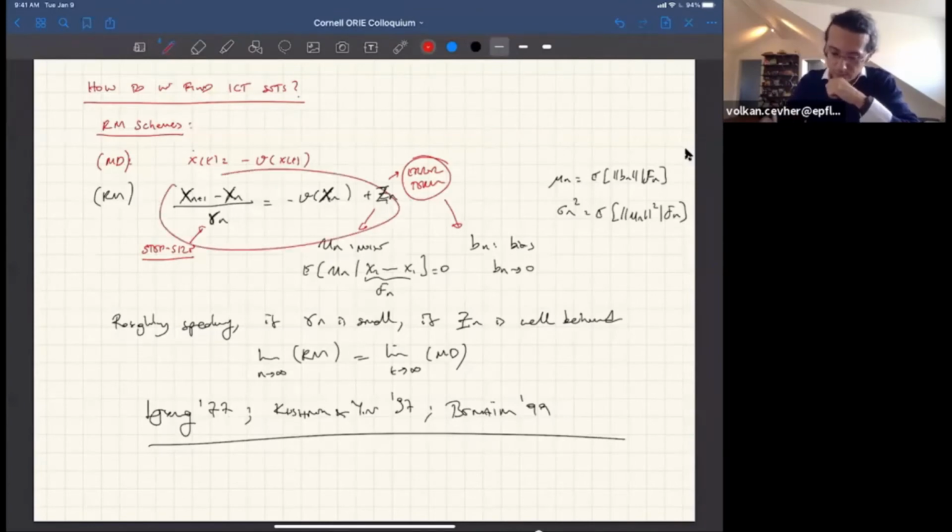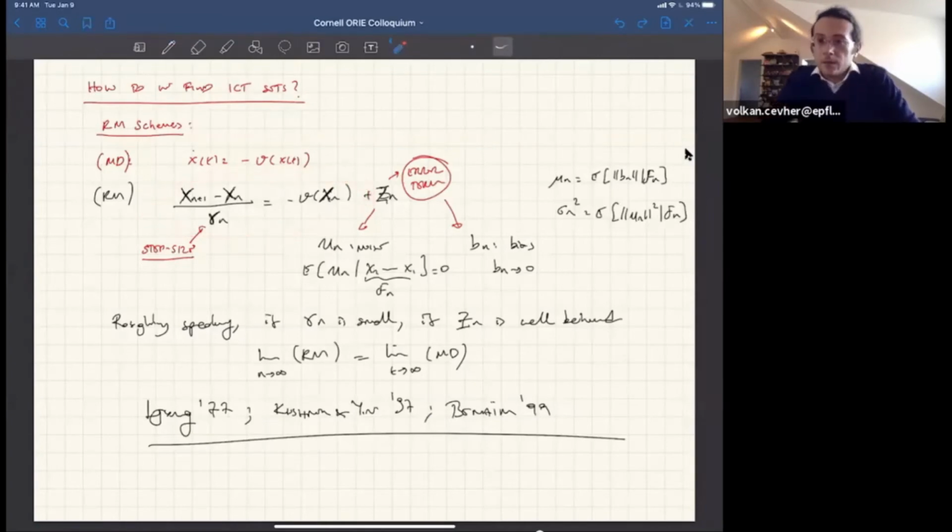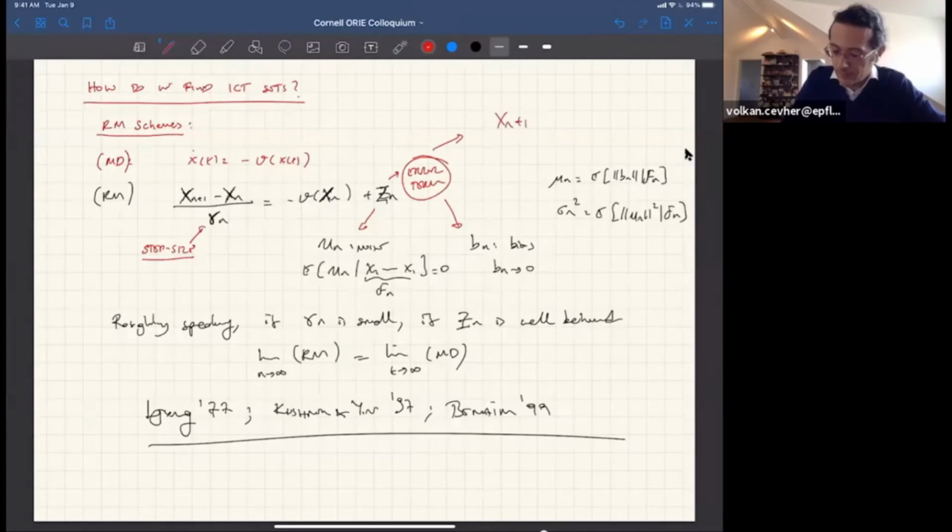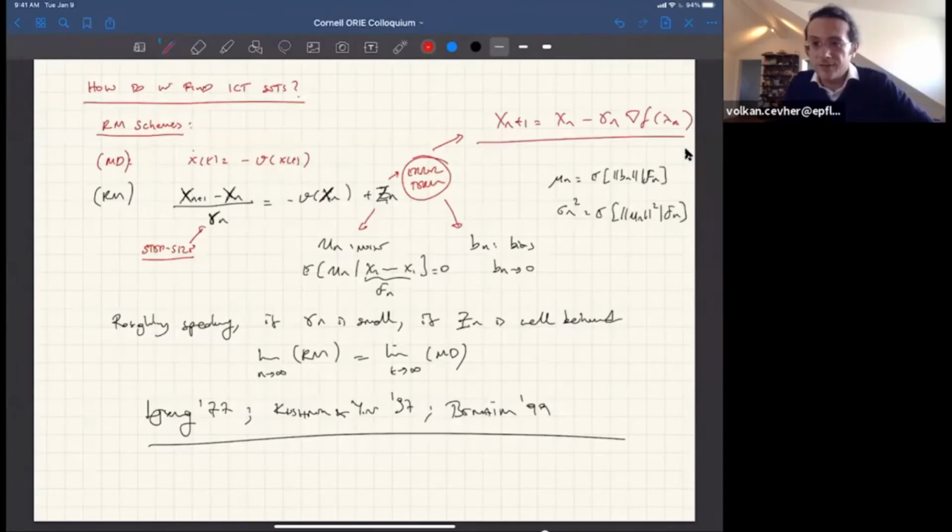If you think about it, this is actually very interesting. In the case of minimization problems, suppose there is no error term. This is our negative gradient, right? This scheme basically says gradient descent, okay? If you have a stochastic oracle for the gradient, you can plug that into this error term and you can get stochastic gradient descent.